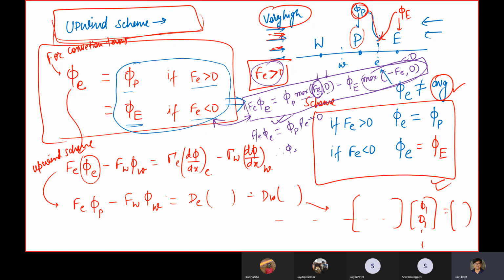So eventually you get phi e is equal to phi P, the similar expression. Similarly, if Fe is less than 0, this function will be left over and the other goes to 0. That is the kind of notation textbooks use.